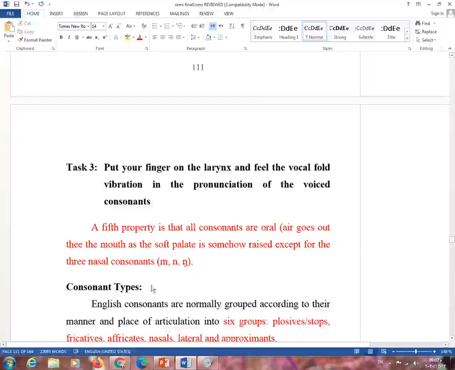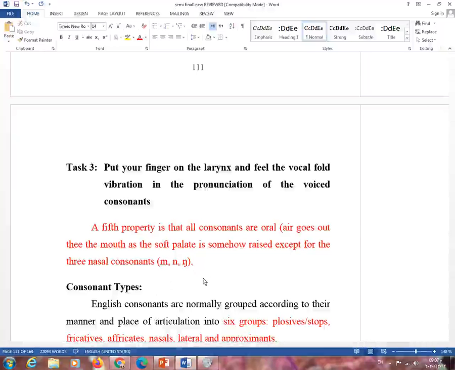We said before that the soft palate, the last part of the roof of the mouth, is movable. It can be raised, and in this case, it shuts the nasal cavity, and air goes through the mouth.